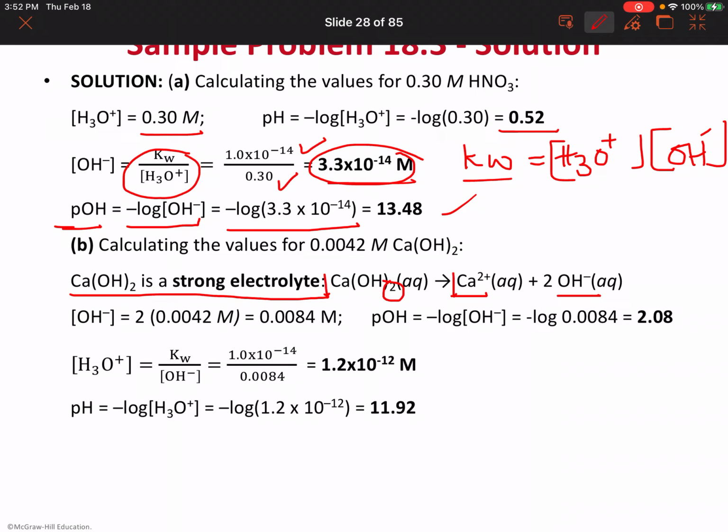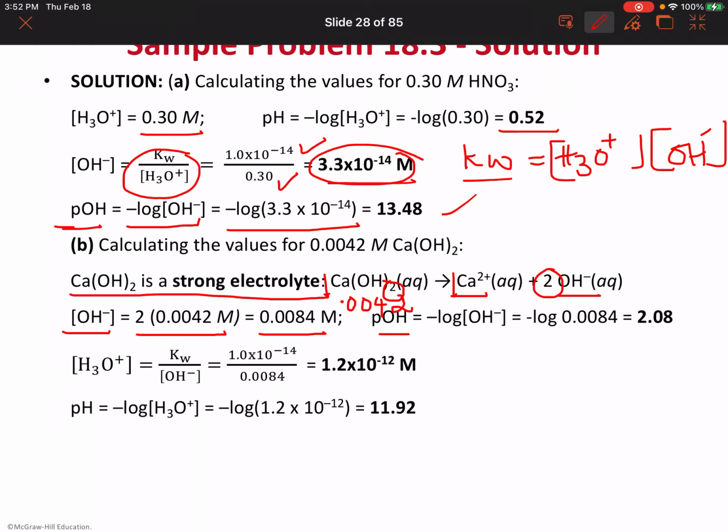If you have 0.0042 calcium hydroxide, then 2 times this amount would be hydroxide. So hydroxide is 2 times 0.0042, which is 0.0084.